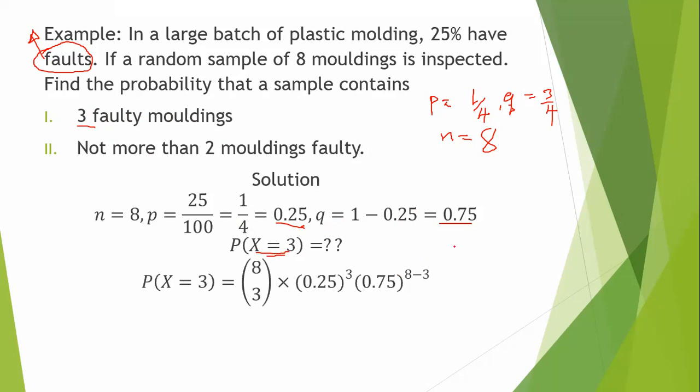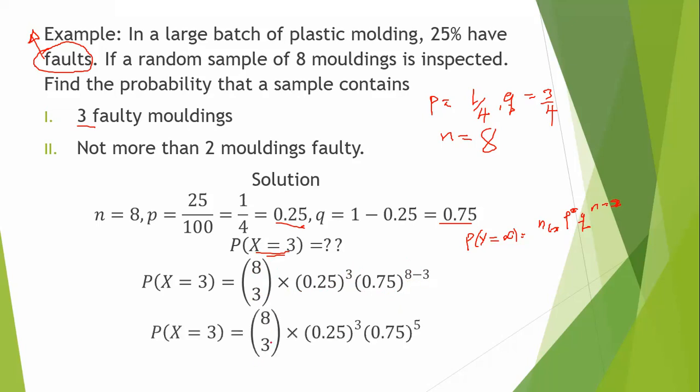Then we substitute in the formula, which is probability of X equaling small x, and this is N combination X, P to power X, then Q to power N minus X. So 8 combination 3, 0.25, which is the probability of success, to power 3, which is our X. Then 0.75 to power N minus X, which is 8 minus 3.